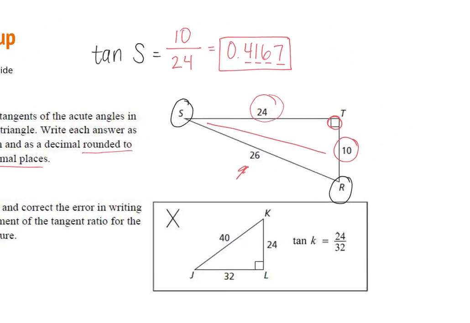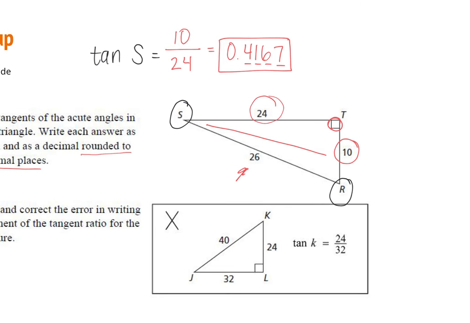All right, the tangent of R. 24 over, not 5. What is it, Kevin? I thought it was 24 over 5. It's not 5. What is it? 10. 10.